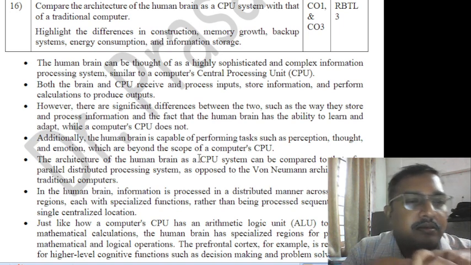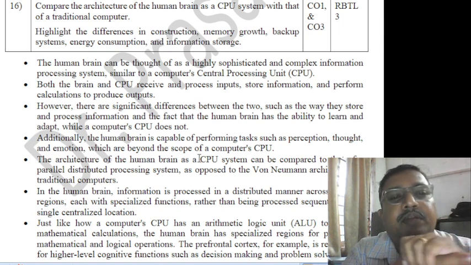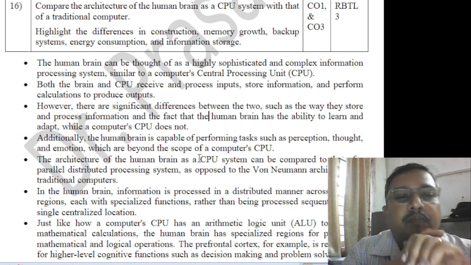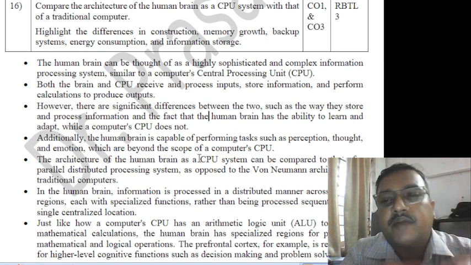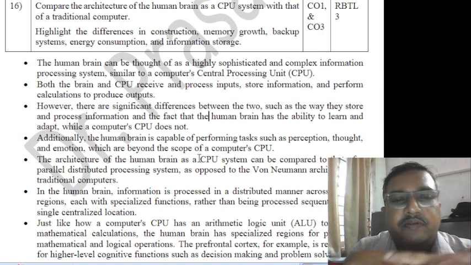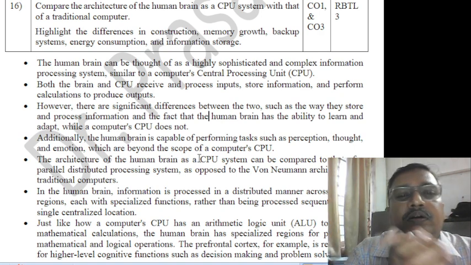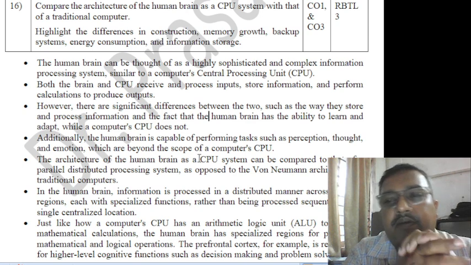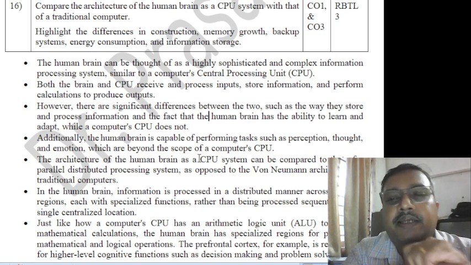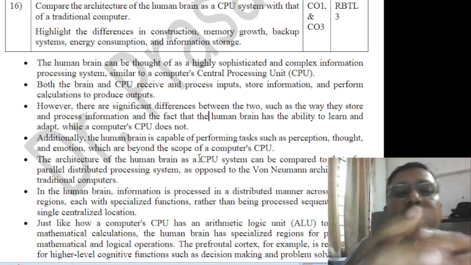Both the brain and the CPU receive and process input, store information, perform calculations and produce output. But the brain will do all different possible analysis within a fraction of a second. The central processing unit will do the work assigned to it, or, if some AI assistance is there, it will go a little bit further.